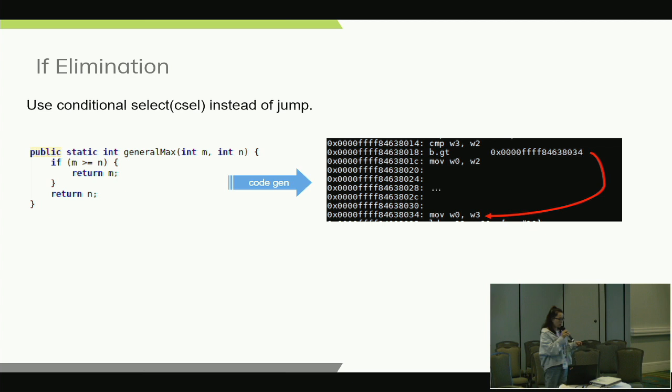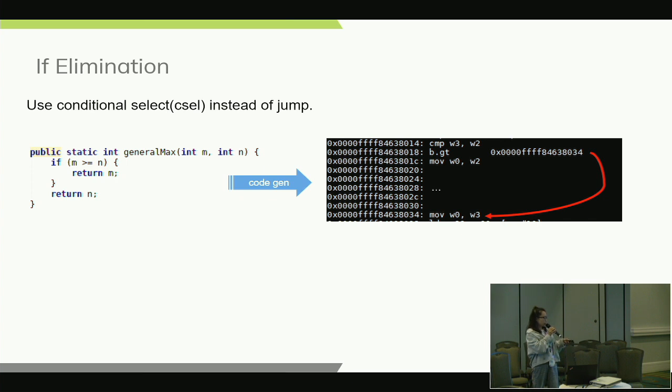This is an optimization for the if elimination. So this is a Java example, max. Initially, Graal will generate a compare instruction and a conditional jump instruction to implement it.